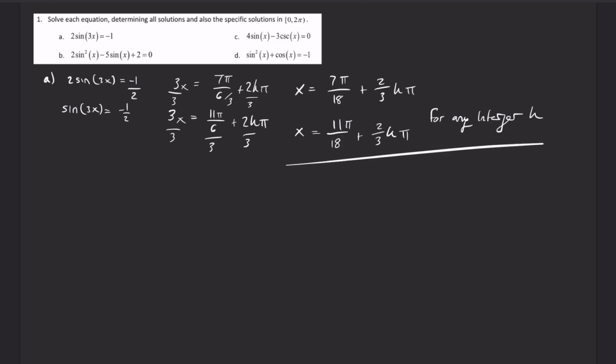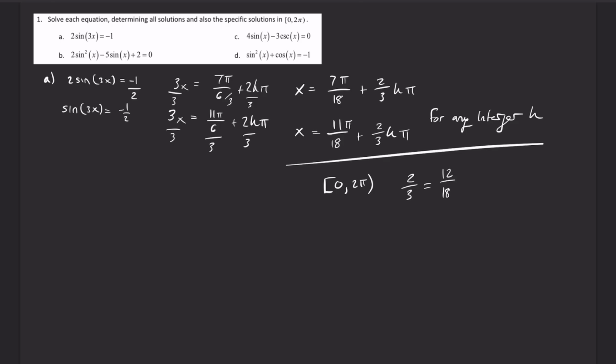Now if we were asked to find it in the 0 to 2 pi, so now to find the solution between 0 and 2 pi, we know that 2/3 is the same as 12 over 18 when we add to 7 pi over 18.